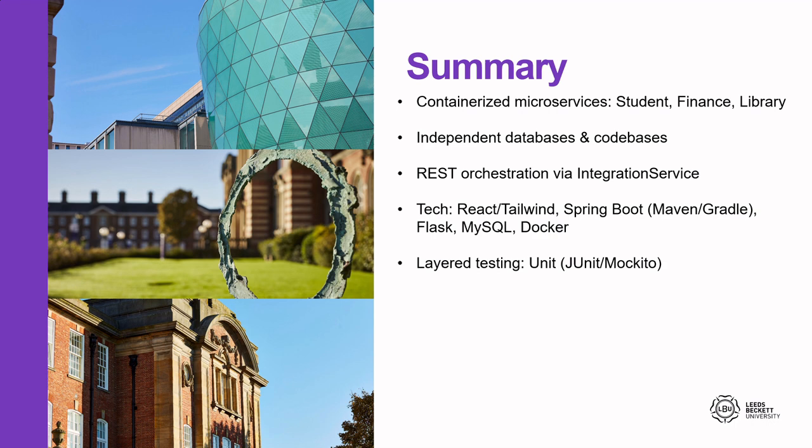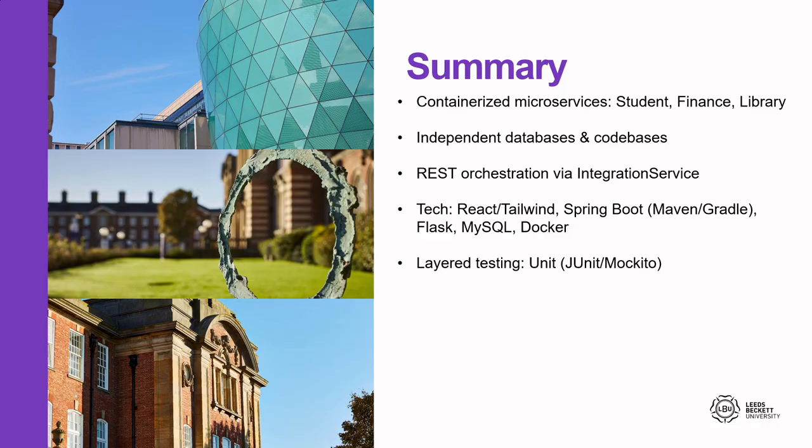With this setup, my core business logic is covered by fast, reliable tests that catch regressions immediately. So that's it. That's my student portal platform. Three Dockerized microservices linked by REST, each with its own tech stack, clean dependency management and dependency injection, and thorough testing.